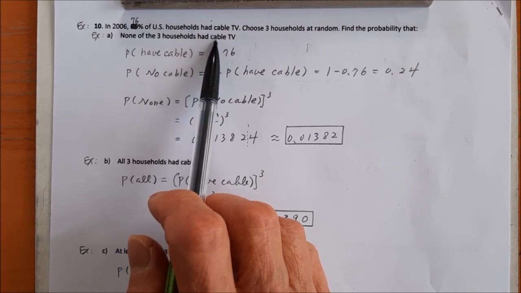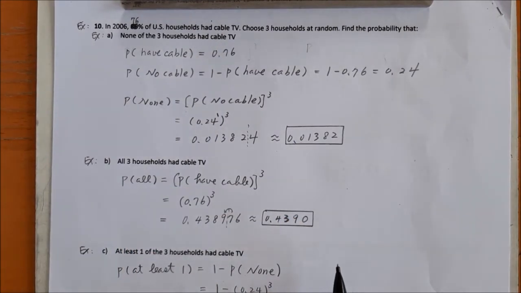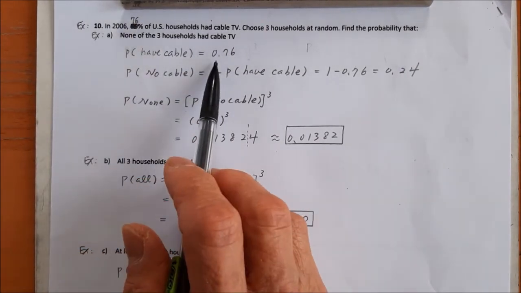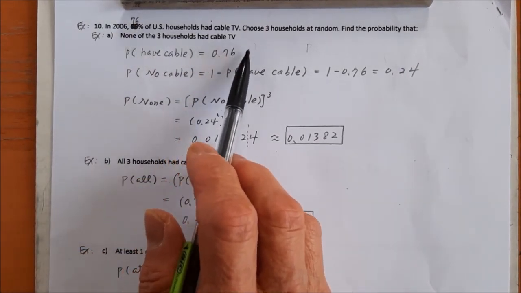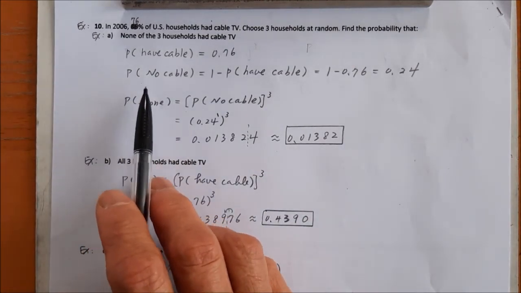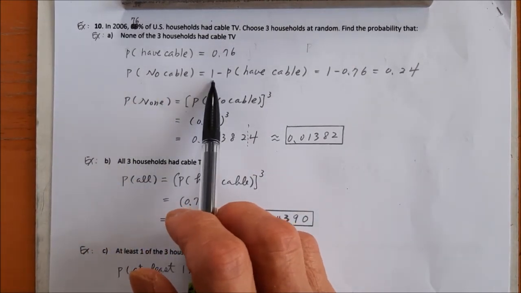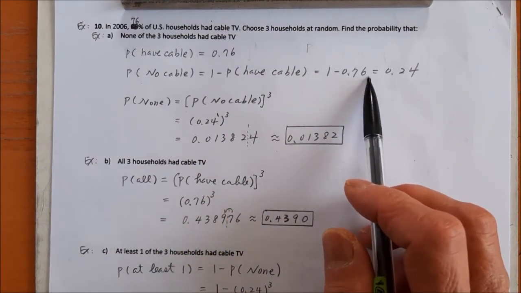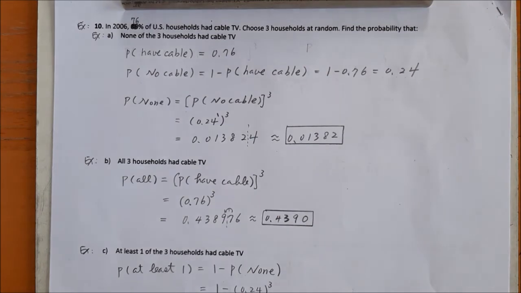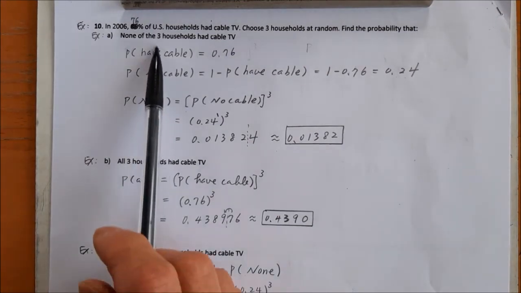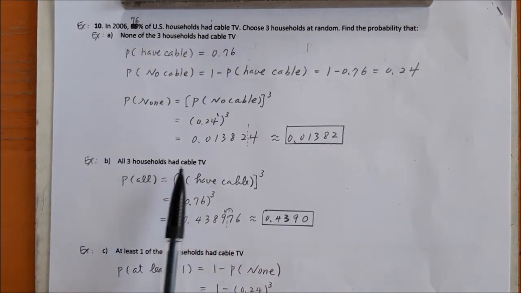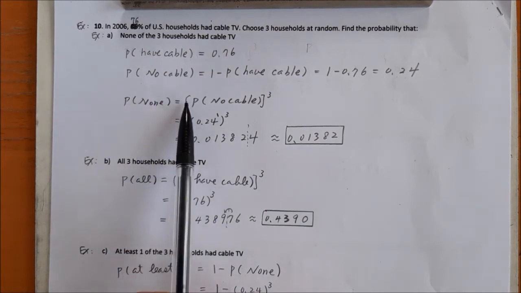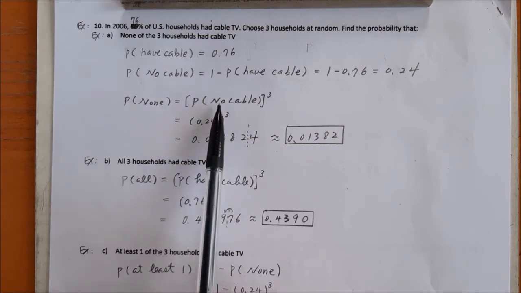households had cable TV. So the probability to have cable TV is 76%, which in decimal is 0.76. And the probability of no cable TV is 1 minus 0.76, which is 0.24. The probability that none of the 3 households has cable TV is the probability of no cable TV, three times.